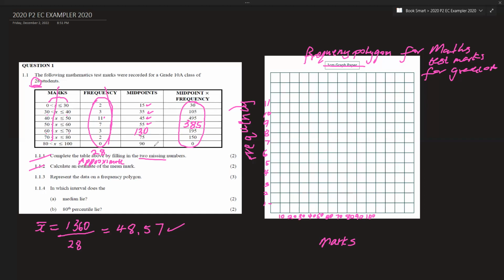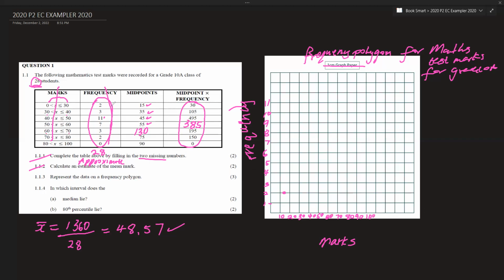But for a frequency polygon, we need the midpoints of the marks, not necessarily the marks. For example, 2 will go with 15, which is somewhere there. Do you see it?